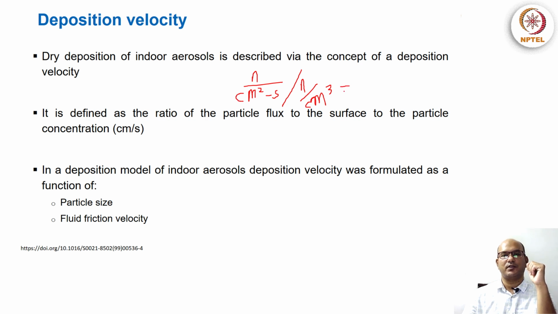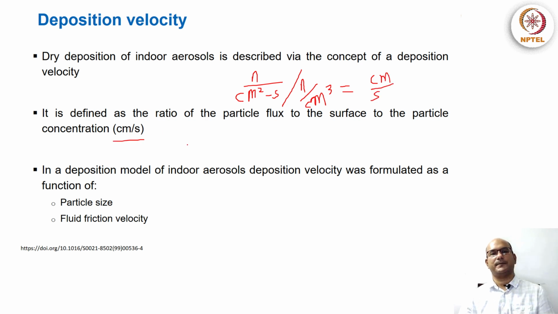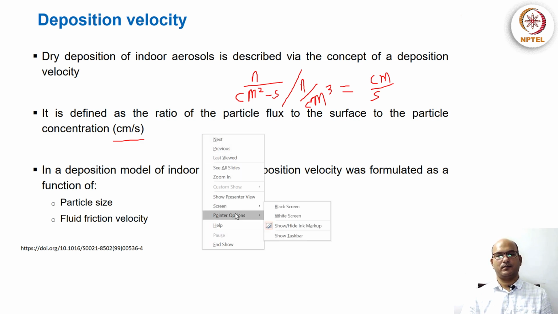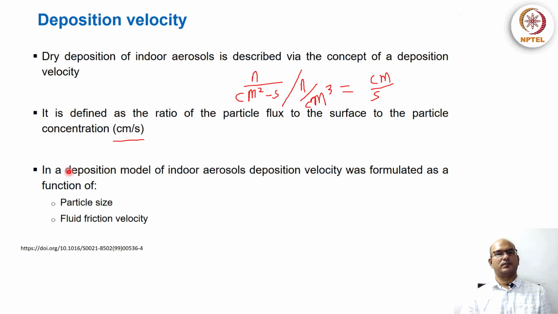So this will be equal to centimeter per second, which is our deposition velocity. In actual deposition models of indoor aerosols, this deposition velocity can be a function of the particle size and also the fluid friction velocity.